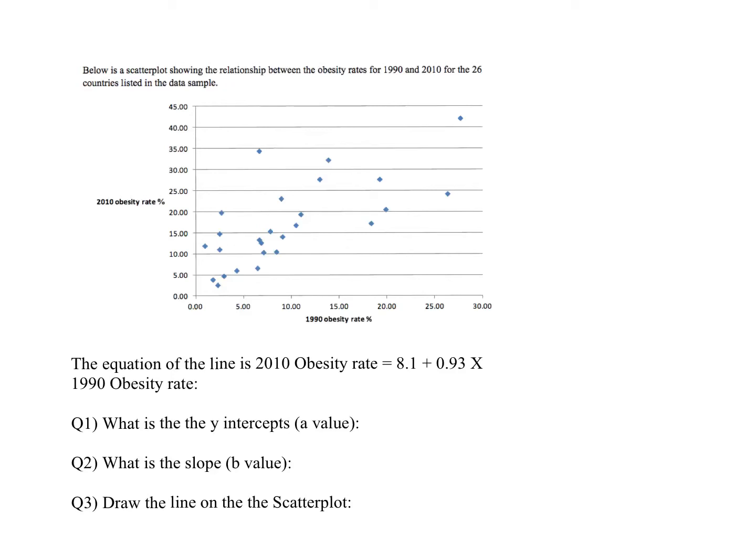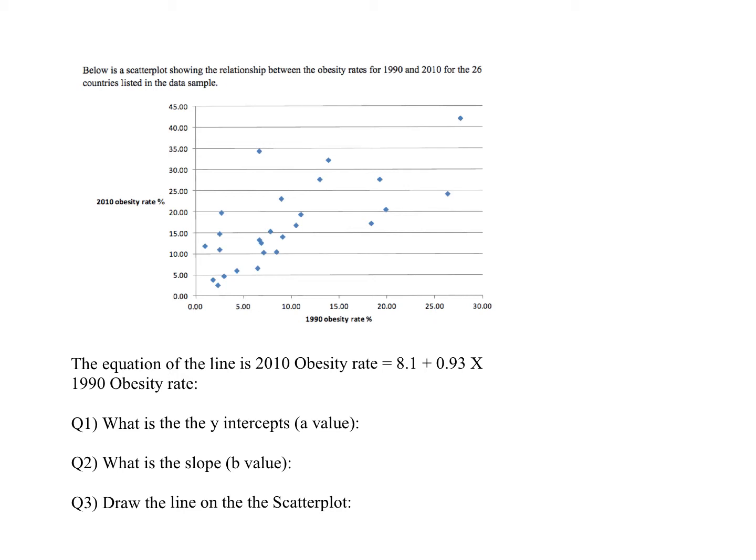Okay, so below is a scatter plot showing the relationship between obesity rates for 1990 and 2010 for 26 countries listed in a data sample. So we're going to do a little bit of this in our next topic, where this is actually a scatter plot.